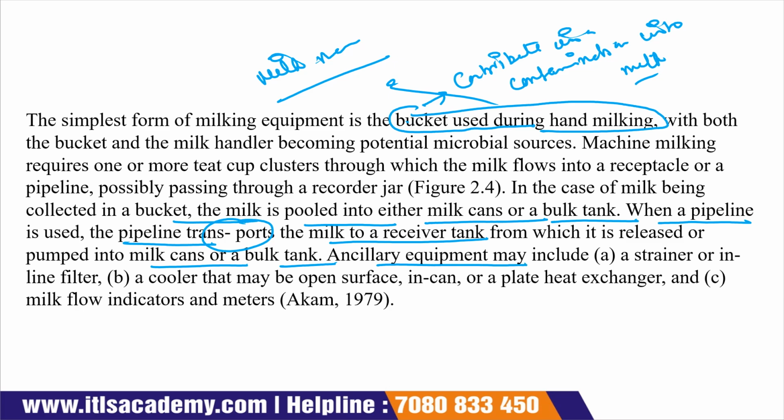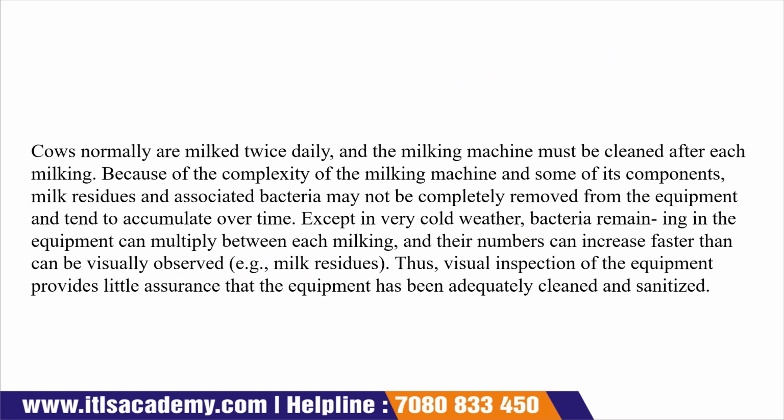Ancillary equipment may be used, such as a strainer or inline filter, a cooler that may have open surfaces or a plate heat exchanger, and milk flow indicators and meters. Now, cows are normally milked twice a day and the milking machine must be cleaned after each milking.